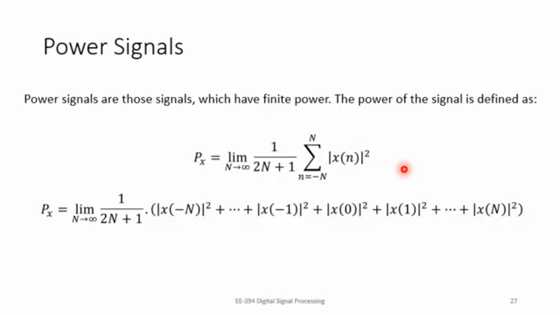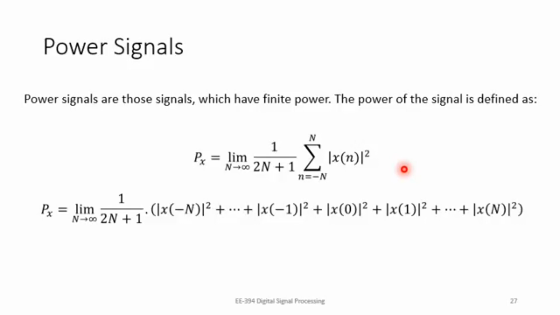Now when we say all samples, it means we are talking about an infinite number of samples from minus infinity to plus infinity. So we have to spread that energy equally to all samples and then see how much energy each sample has got. So this will be the power of that signal. So it's energy upon time, energy spread evenly across all samples.